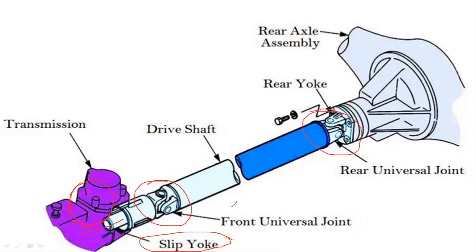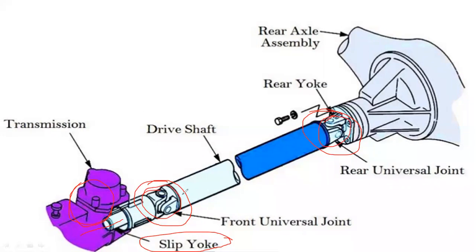So one is the slip yoke, which is placed in the transmission system, and the rear yoke is used in the differential. In that rear yoke, we will connect the propeller shaft by using a universal joint. You can see there is the front universal joint and the rear universal joint.